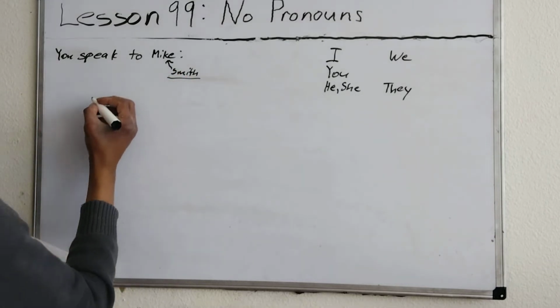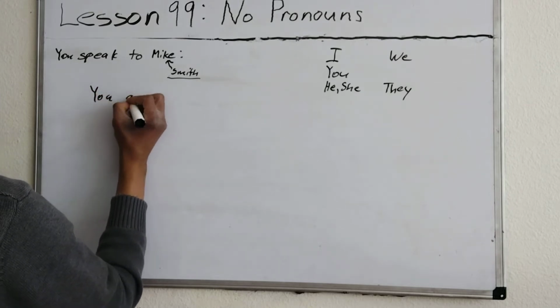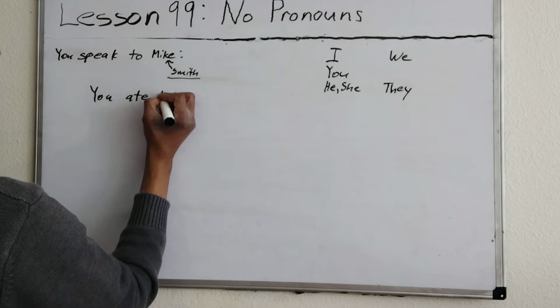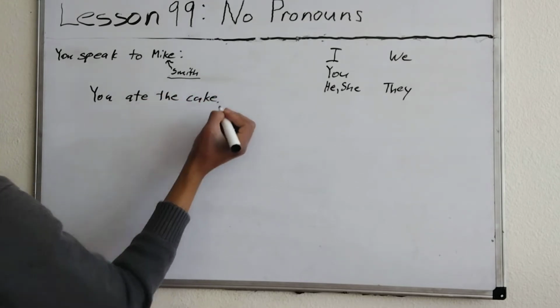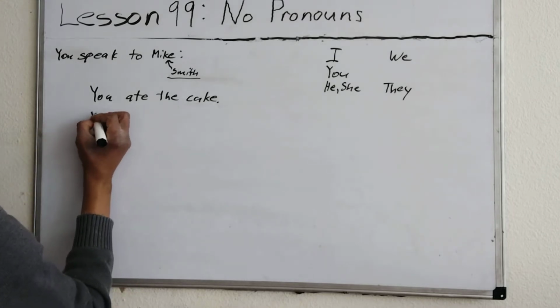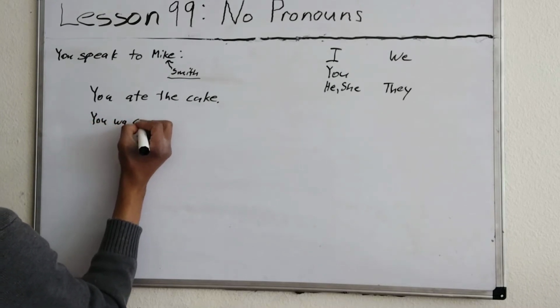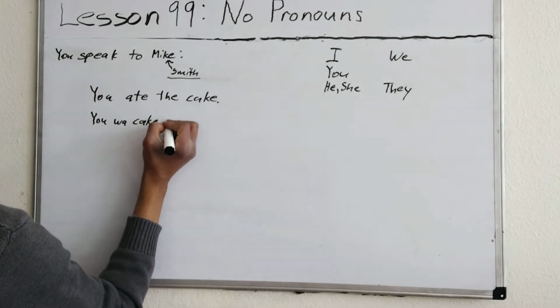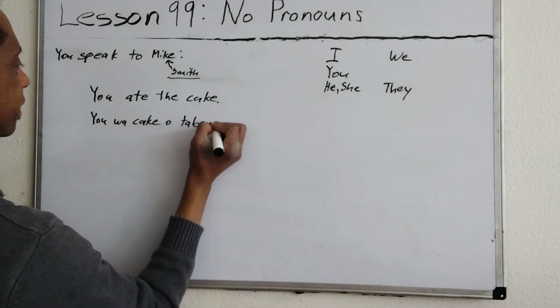Now, let's say you're saying to Mike, you ate the cake. You could say, you wa cake o tabemashita.